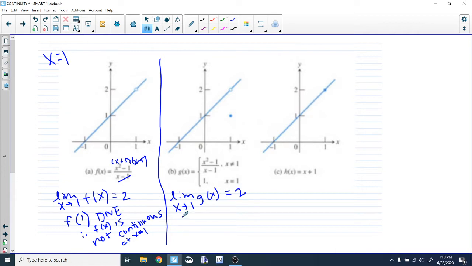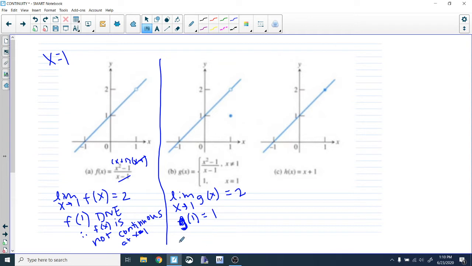However, our function value this time, f of 1, nope, not f, g, I always do that. g of 1 is this closed point here on the graph, which has a y-coordinate of 1, or you could look at your little piecewise equation down here, and it tells you that it's going to have a value of 1 when x equals 1. So both the limit and the function value exist.